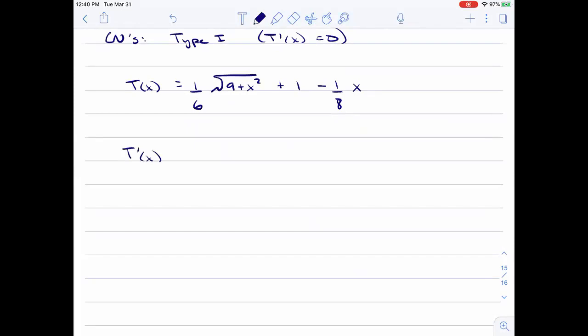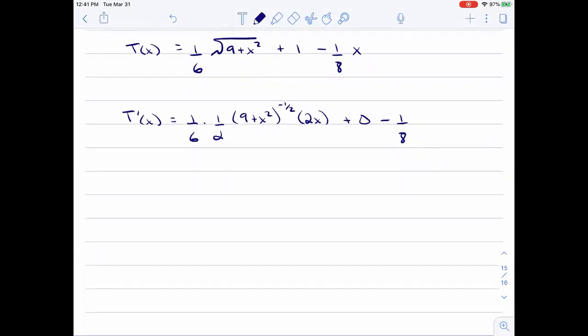So T prime of x is going to be 1 over 6 times, and then I've got the square root here, so times 1/2 times 9 plus x squared to the negative 1/2, but then I need the chain rule, so times the derivative of the inside, which is 2x. Now I'm done with that first term, and plus the derivative of 1 goes to 0, and then minus 1 over 8x. The derivative of that is just negative 1 over 8.